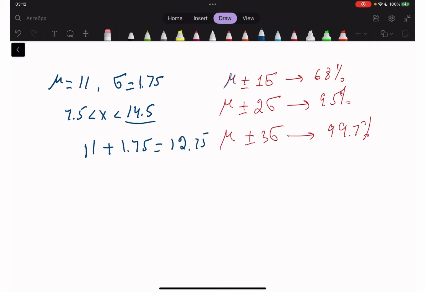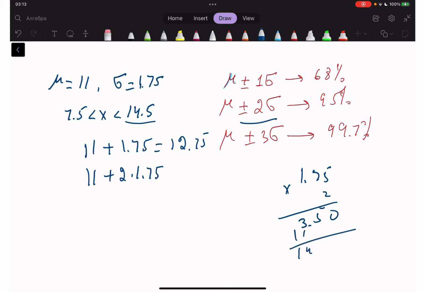So let's take twice 1.75. 1.75 times 2 is 3.5. So plus 11, it's going to be 14.5, bingo. All right, so we got 95%, plus 2 sigma.